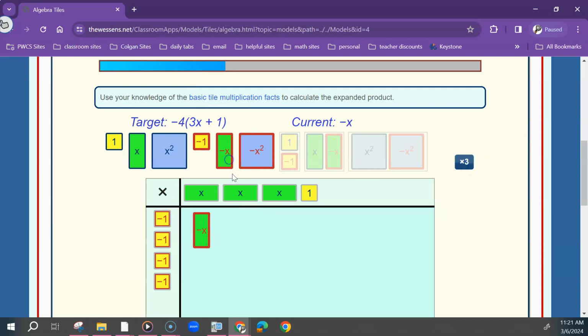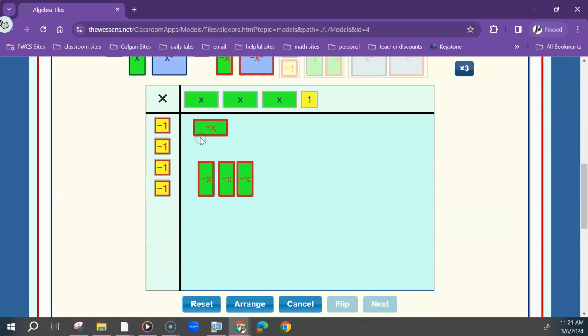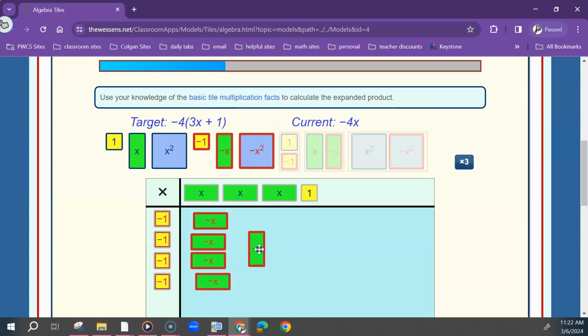We're going to do times 3. Just going to put it in. And then that same thing would happen for this next set of x's. I'm just putting them in there. I don't even really have to do this because it's going to move them around for me.